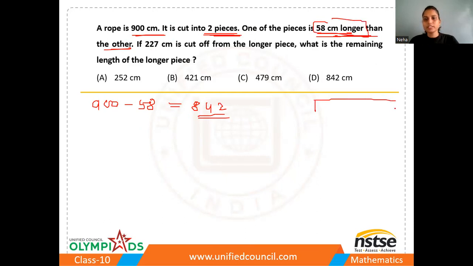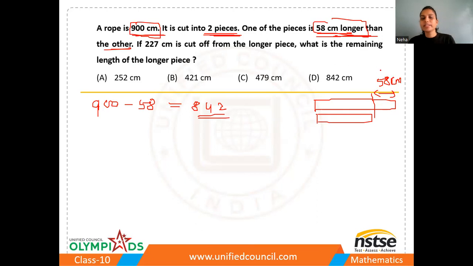So let's suppose this is the one piece, this is the second piece. This piece is basically that much long and this side is nothing but 58 centimeters, right?